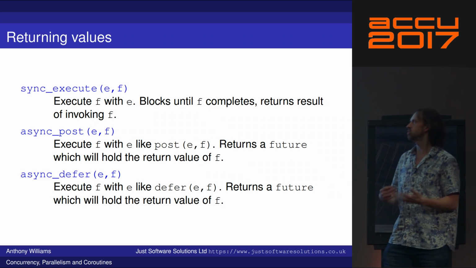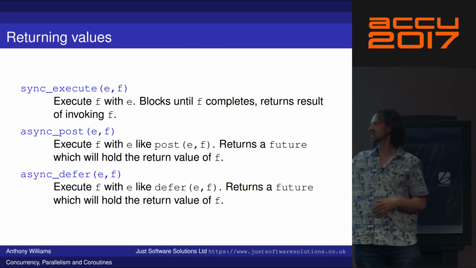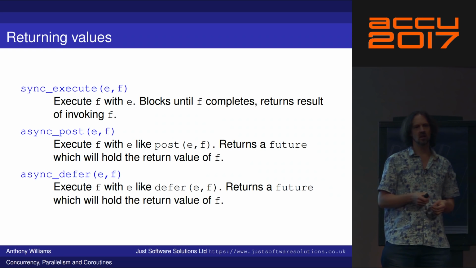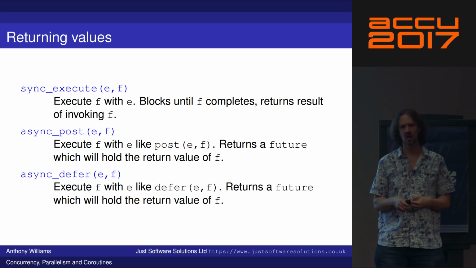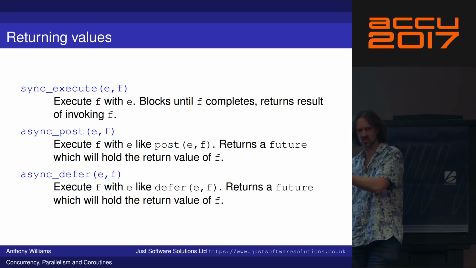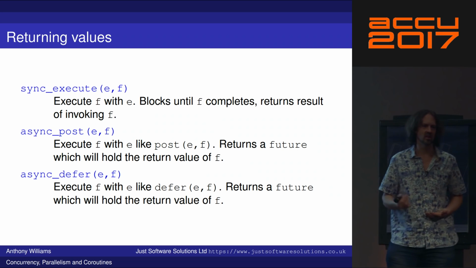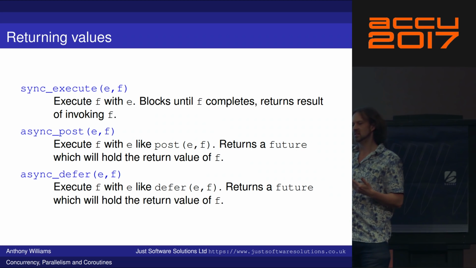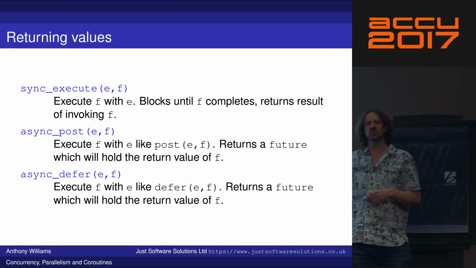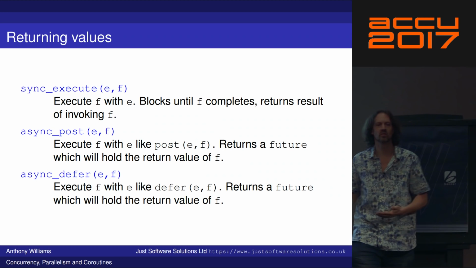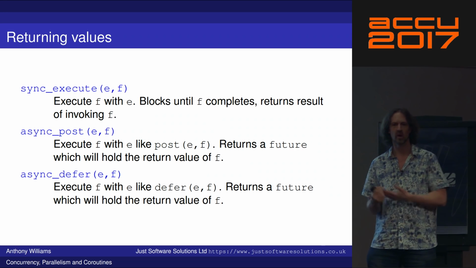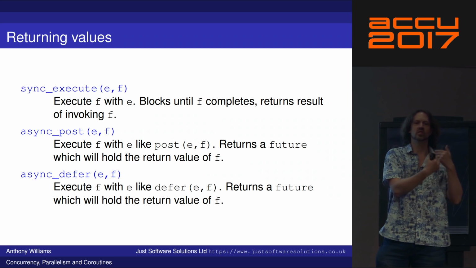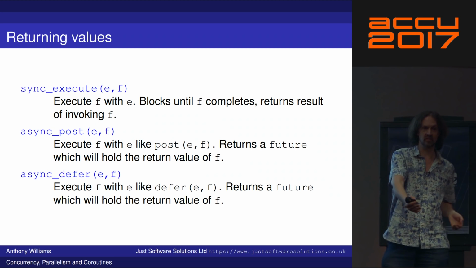More likely, you're probably going to be wanting to use the async versions. There isn't an async execute, just for naming, but the point is that the async ones return you futures which can give you the result afterwards, whereas the plain post and defer and execute don't return any values.